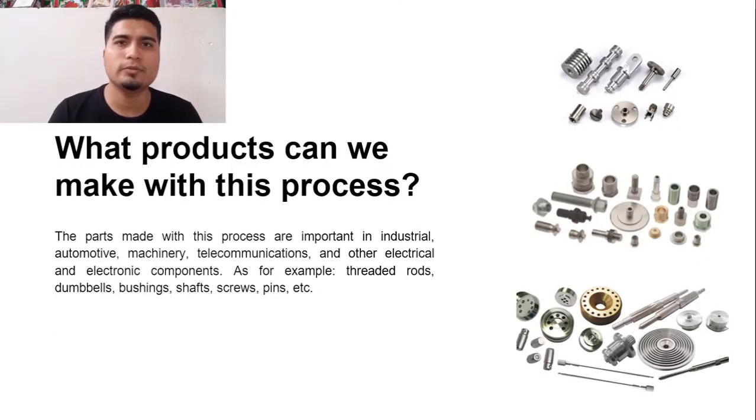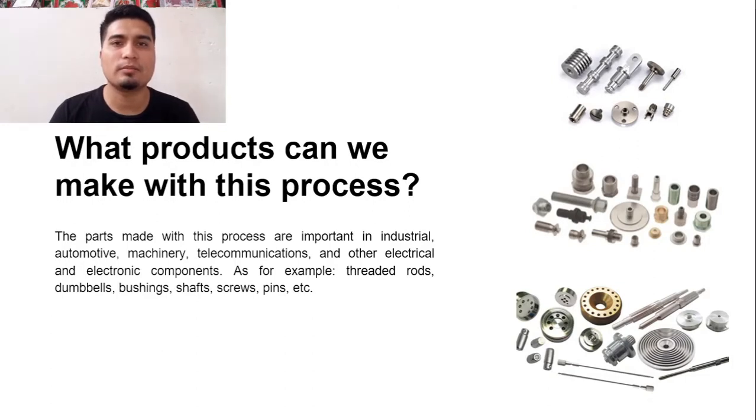And now we are going to see the parts that we can make with this process. So the parts made with this process are important in industrial, automotive, machinery, telecommunications, and other electrical and electronic components.